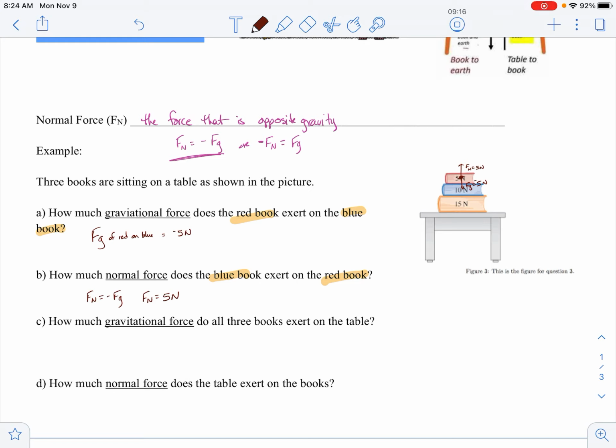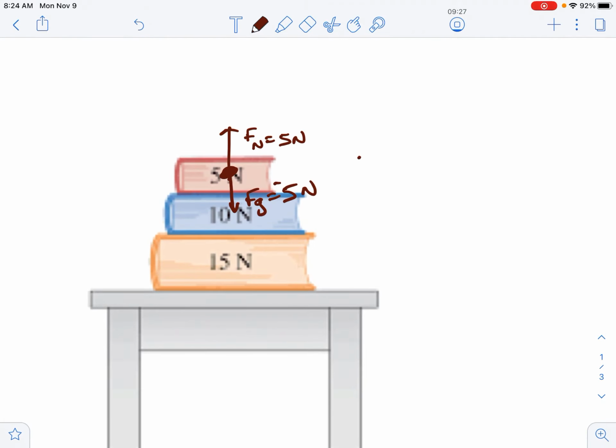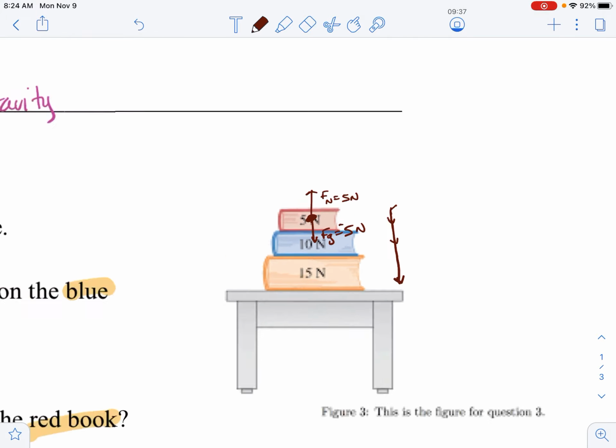All right, so what's next here? How much gravitational force do all 3 books exert on the table? Well, let's see. The red one is pushing down on the blue one. The blue and red ones are pushing down on the orange one. The red, blue, and orange ones are pushing down on the table.